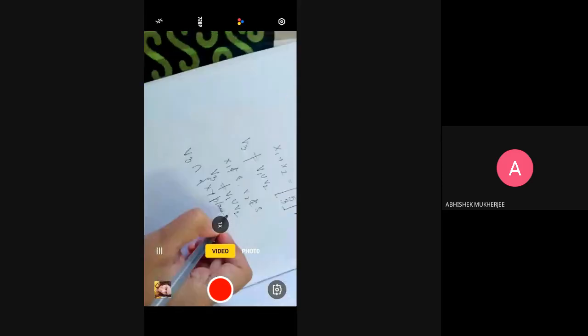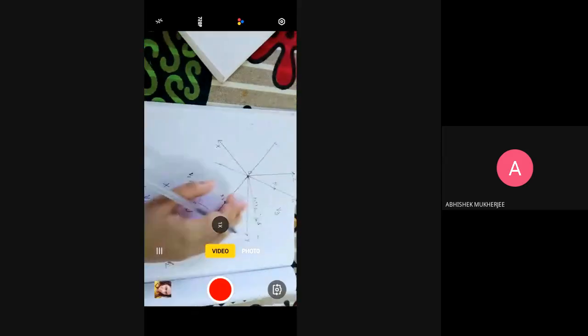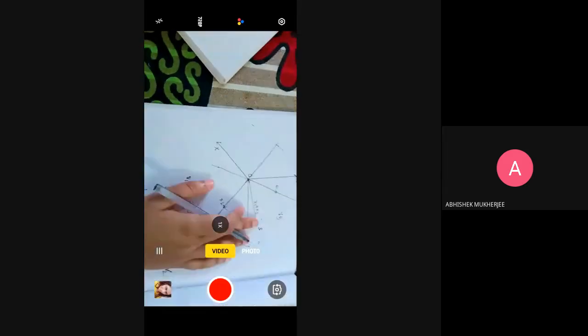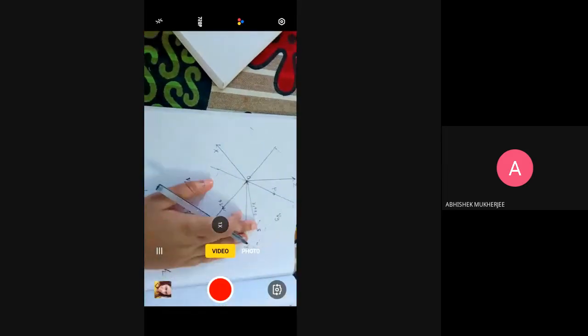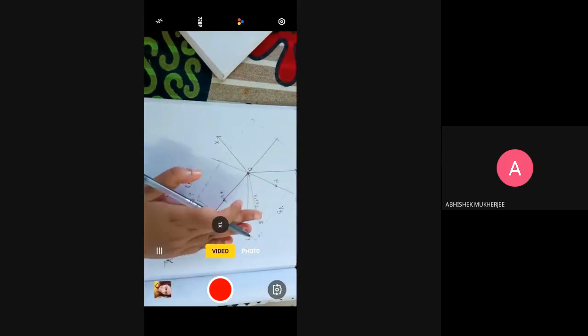Now I will come to the third question: what is the value of v3 intersection xy plane? Here we have got that v3 is also a plane. So we have to talk about the intersection of the two planes, that is the v3 plane and the xy plane.